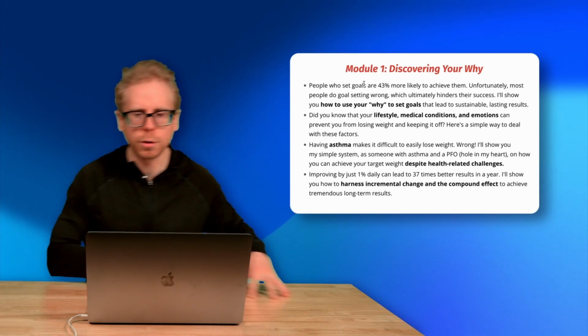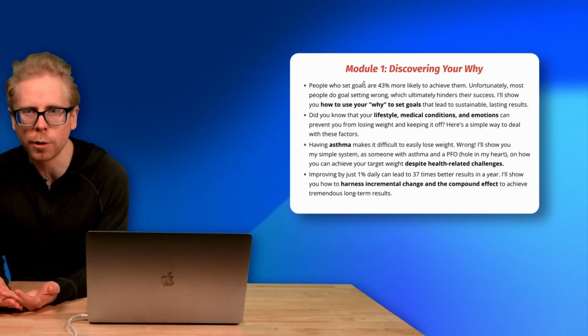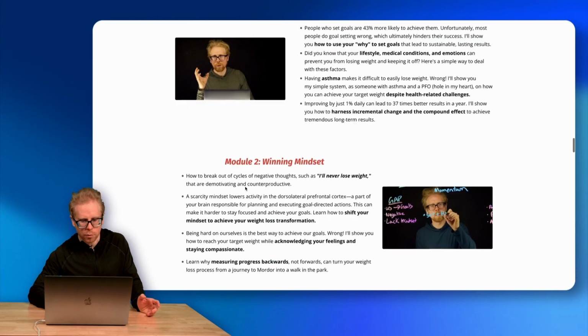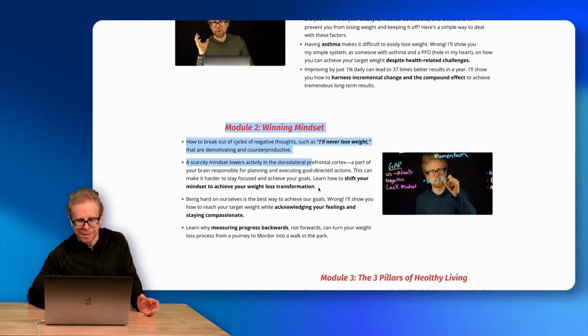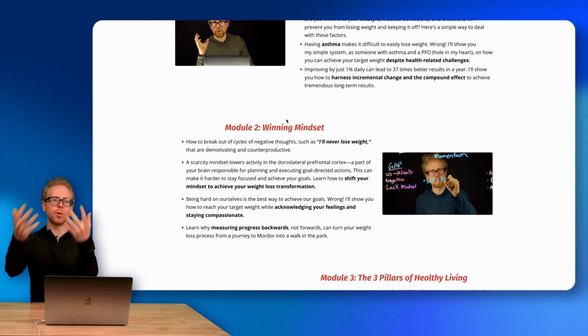This is what you're going to achieve in the first module in your course. Okay, this is the first learning outcome. You're going to discover your why. Why are you doing this? Why do you want to drop 30 and keep it off? Then we're going to set up a winning mindset. Okay, so that is milestone 2, or learning outcome 2, a winning mindset. How do we create that for you?